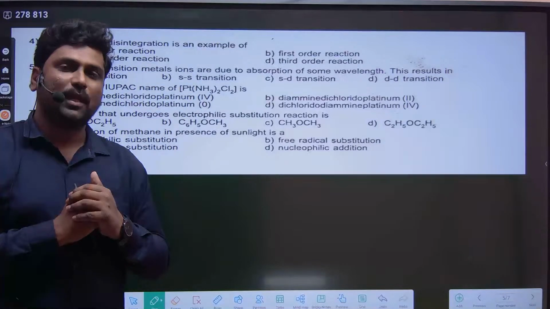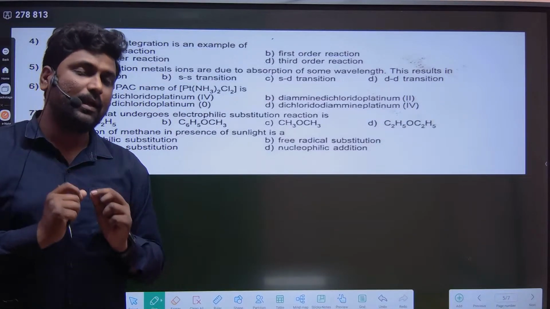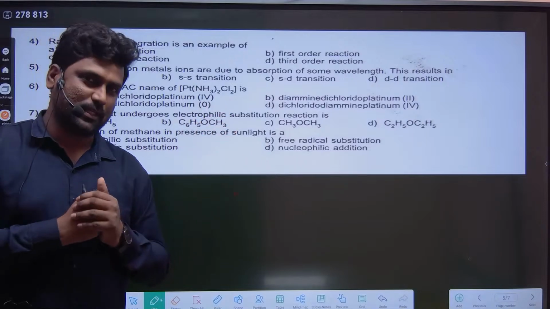Whatever radioactive disintegration is going to happen, the speed or rate of this reaction is directly proportional to the concentration of the radioactive substance.